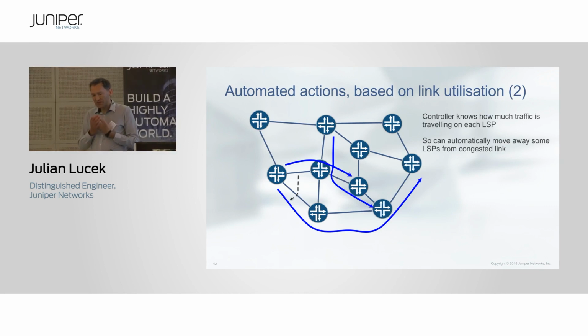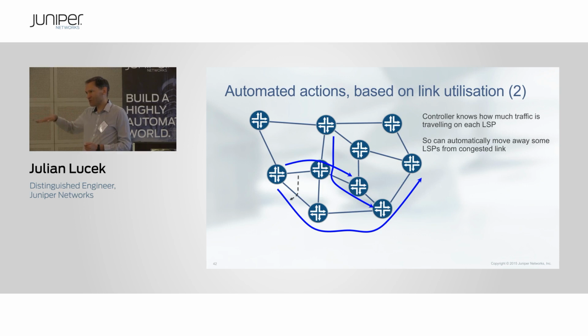Sometimes people do this manually, and that can be quite tricky. If you're doing it manually, you need to realise that a particular link is congested, you need to look at the LSPs passing across it, you need to work out which one or which ones to move away, you need to log into the ingress routers of those LSPs that you're moving, and you need to put something in the path, the ERO, to make the packets move away.